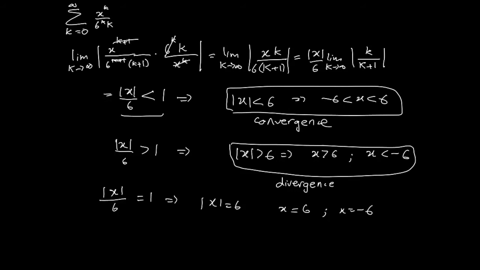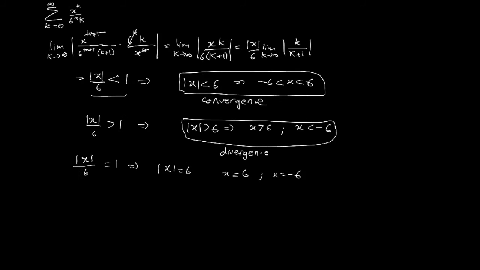In order to do this, you have to put them back into the original series. So the series will change by substituting in. I'm going to do x equals 6 first. So x equals 6 means 6 to the k over 6 to the k into k.